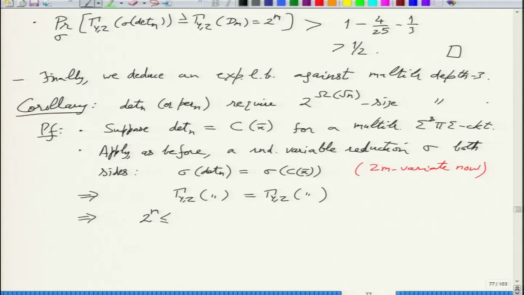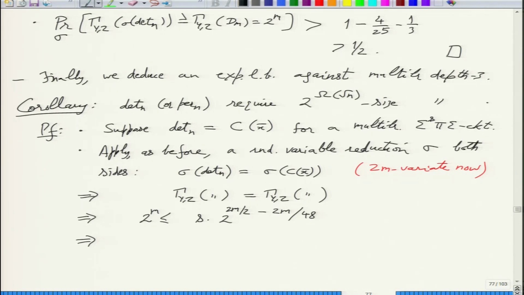So we can apply the upper bound, which with high probability comes out to be s times 2 raised to, now the number of variables is 2m, so 2m by 2 minus 2m by 48. Note that this is quite precarious.